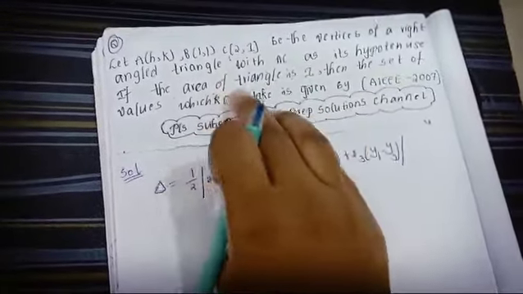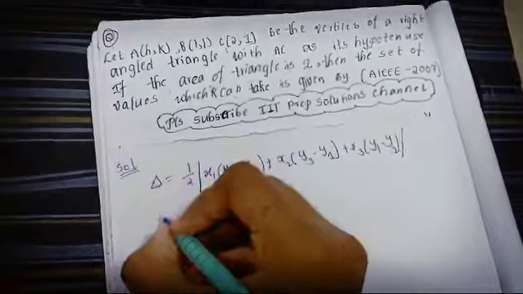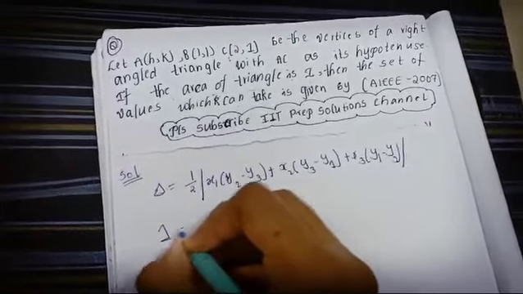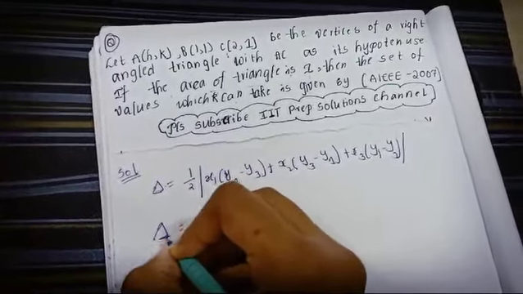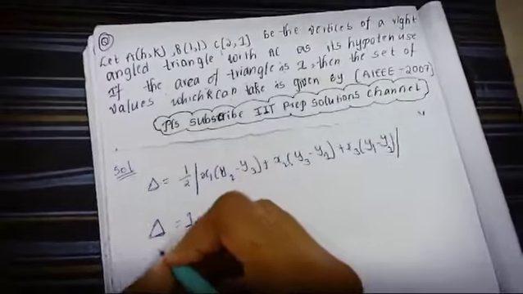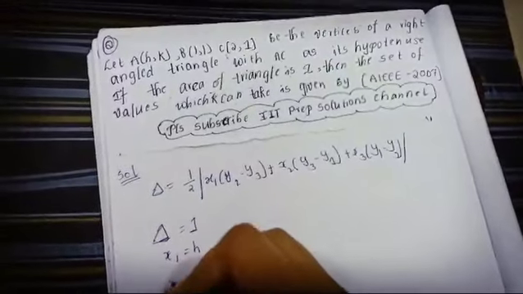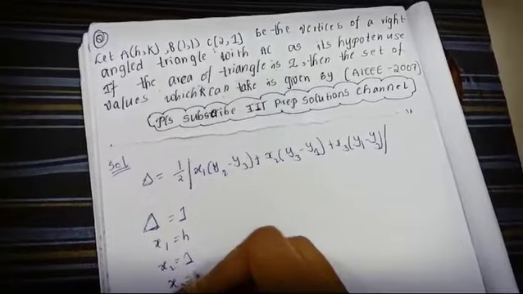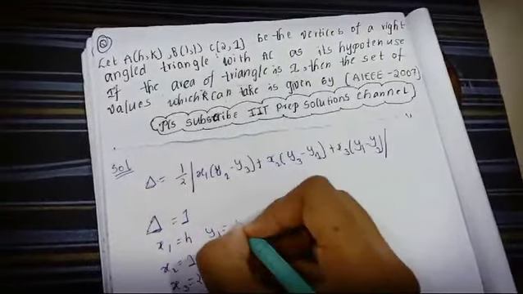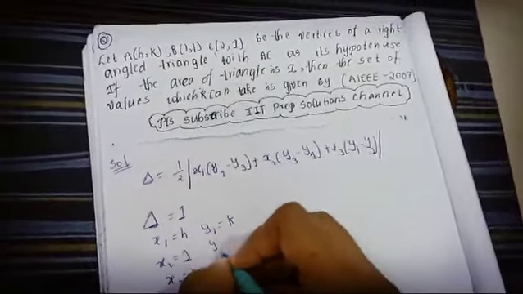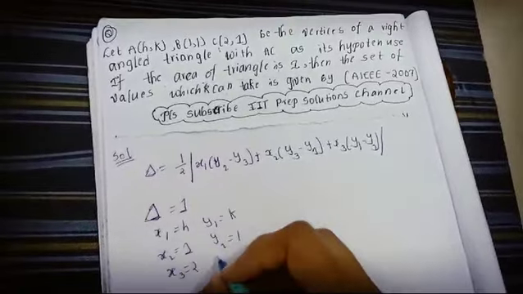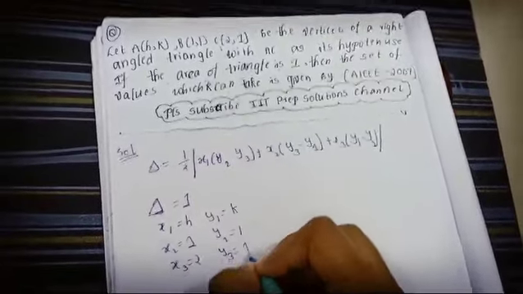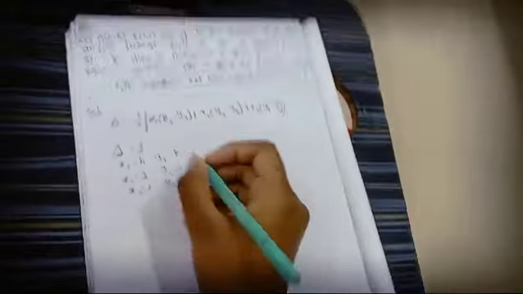In the question they gave delta = 1, x1 = h, x2 = 1, x3 = 2, y1 = k, y2 = 1, y3 = also 1.